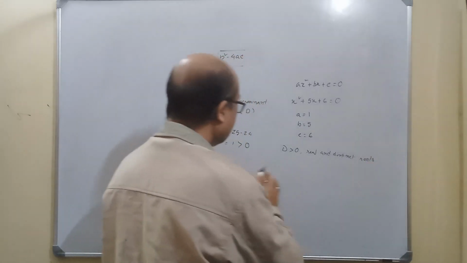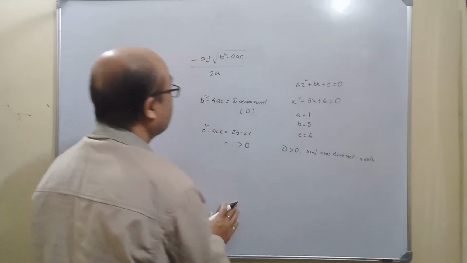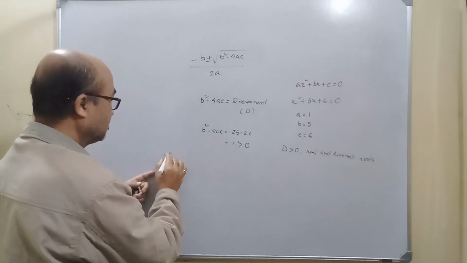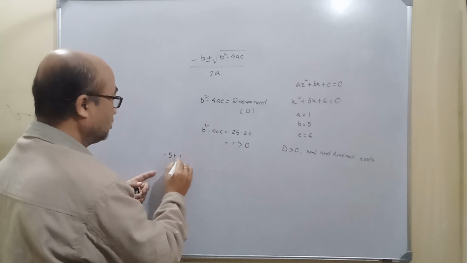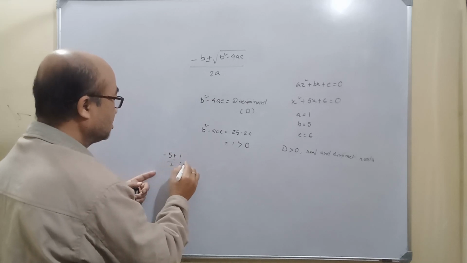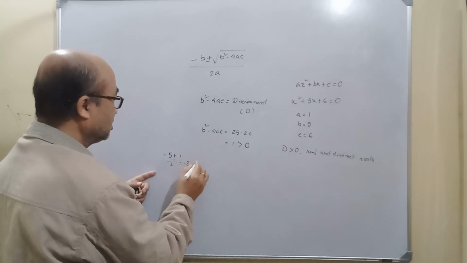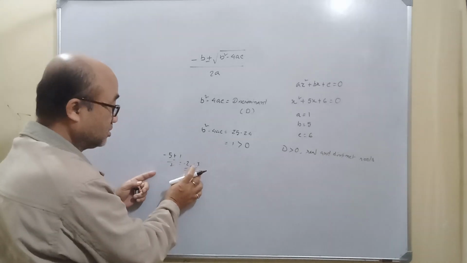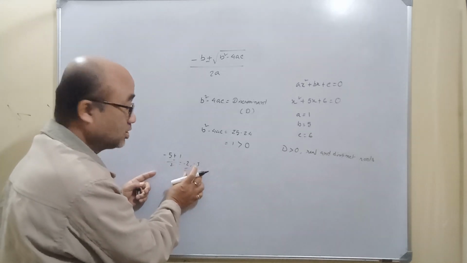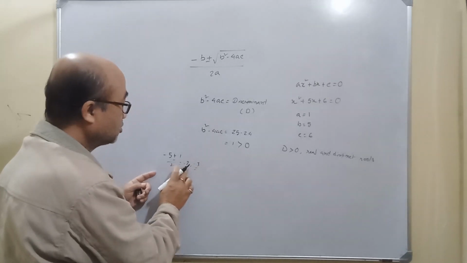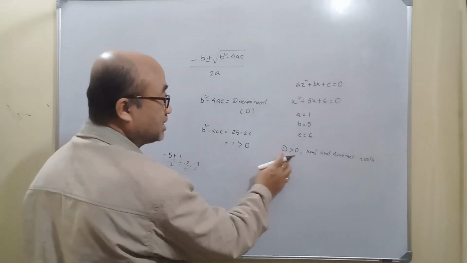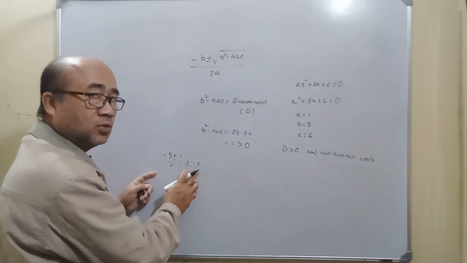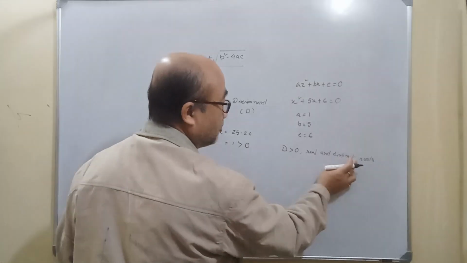Do you remember what we got earlier? Minus 5 plus minus square root of b square minus 4ac, 1, by 2. It was minus 2 and minus 3. The values of x, or the roots of the equation, the solutions to the equation, were minus 2 and minus 3. So when D is greater than 0, we get real roots, both are real, minus 2 and minus 3, and both are distinct.